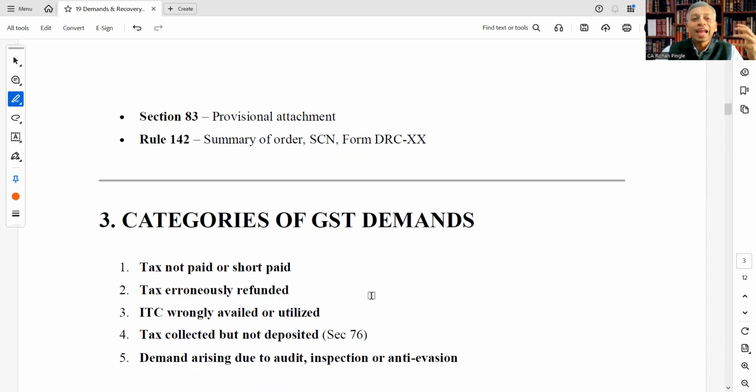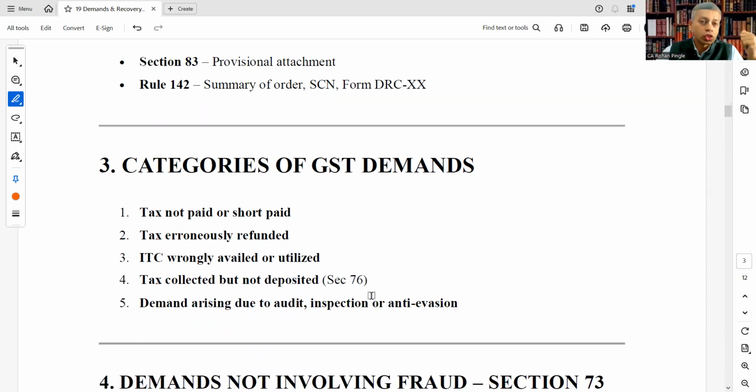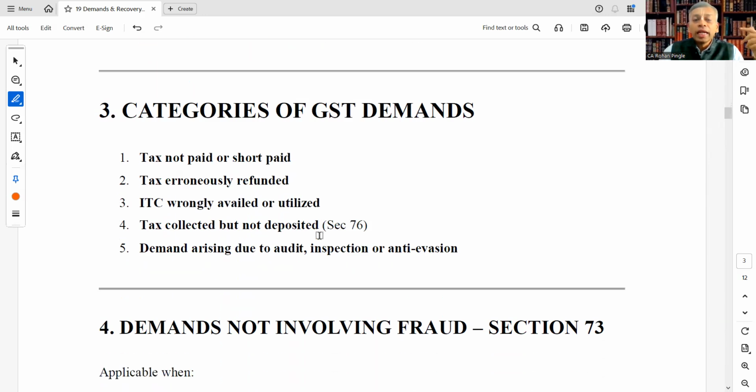Let's move on to categories of GST demands. What are the categories of GST demands? Tax not paid or short paid, tax erroneously refunded, ITC wrongly availed or utilized. We have just seen these three. Then also tax collected but not deposited to the government. In that case too, the department can raise a demand.